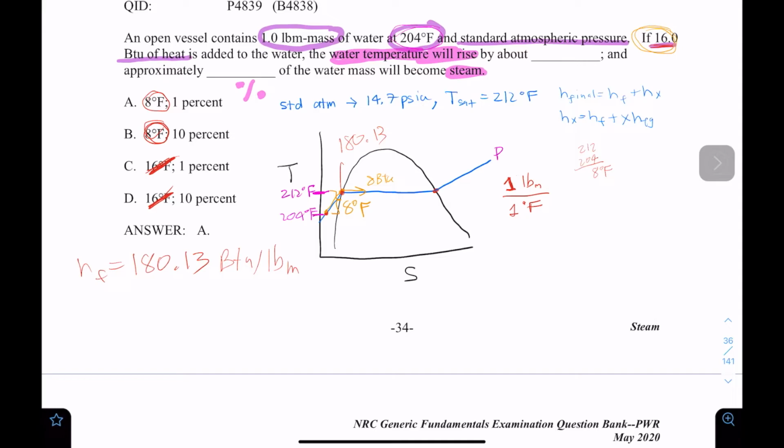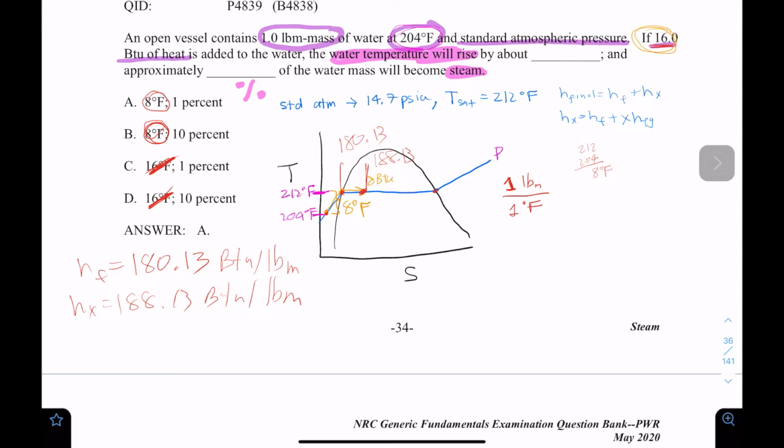But if I'm adding another 8, right? That's going to increase. So I'm going to have an increase to 188.13 BTU per pound mass. That's where I'm going to be at, 188.13.